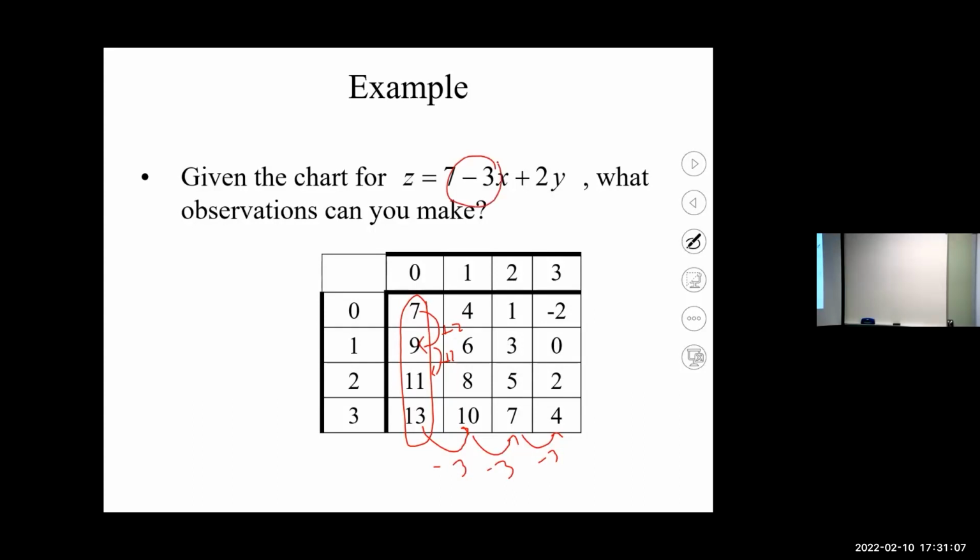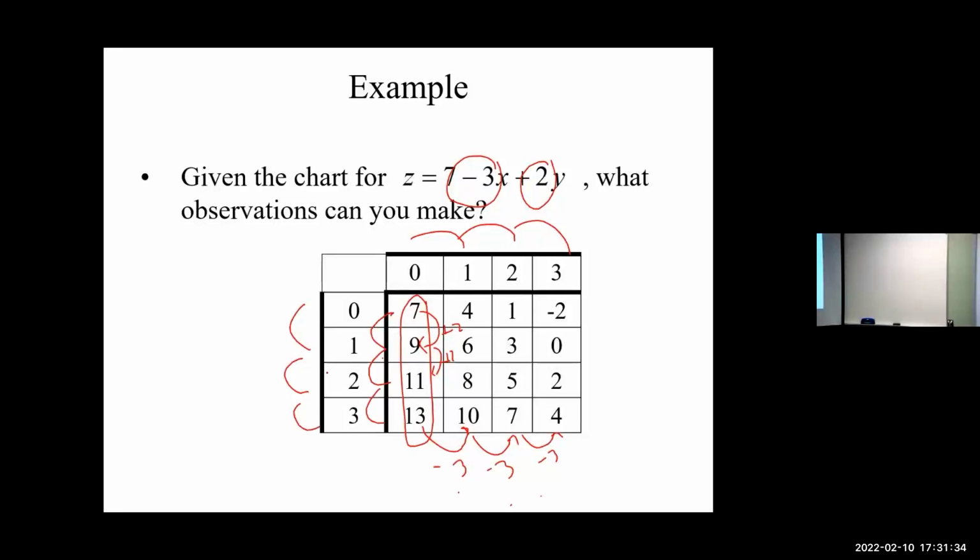There's the -3 right there. So that tells us as x goes up 1, z goes down 3, right? As y goes up 1, the z values go up 2. So that's how those slopes work. Because when we're going right across, we're holding y constant. And when we go down, we're holding x constant.